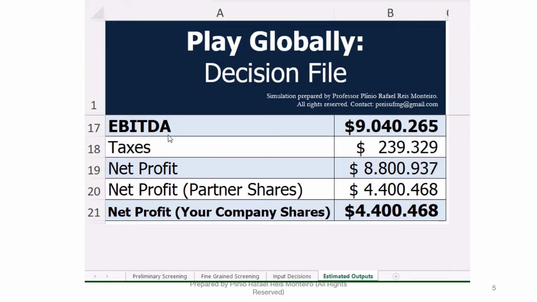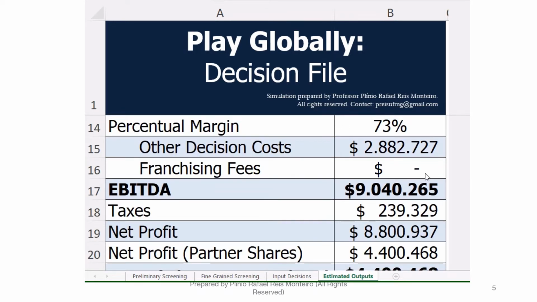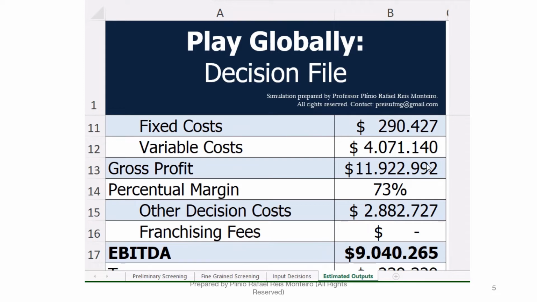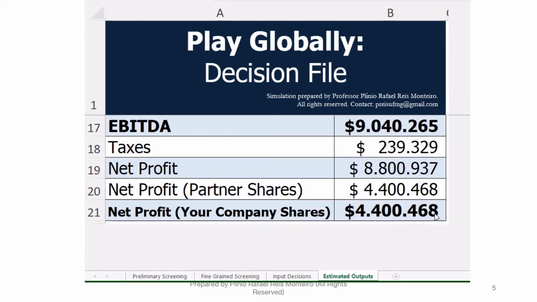And then we have this measure of profit that is named EBITDA, the earnings before interest, tariffs, depreciation, and amortization. This is a very famous measure of profit for different business. So as you have here your gross profit less the other costs, this is basically your operational profit, or EBITDA.